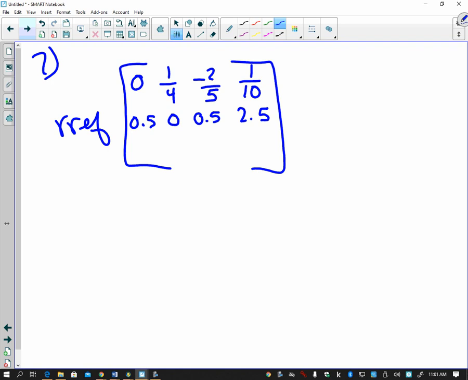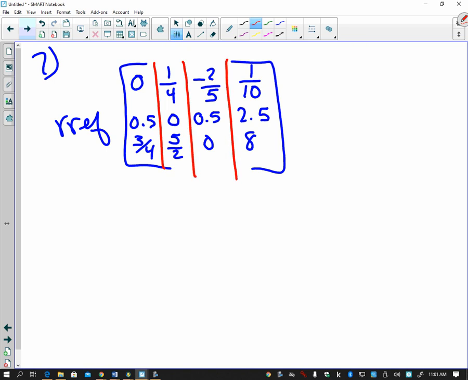The next set has an x. You could type it in as 3/4 or 0.75. There is a y, but there's no z. So that's the order. If it helps, I'm going to RREF a 3x4 matrix to solve.